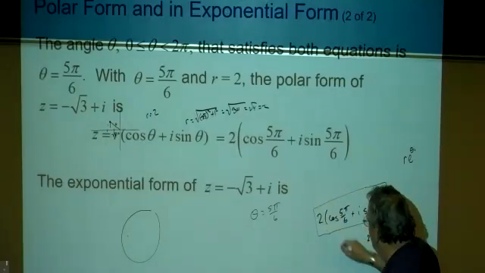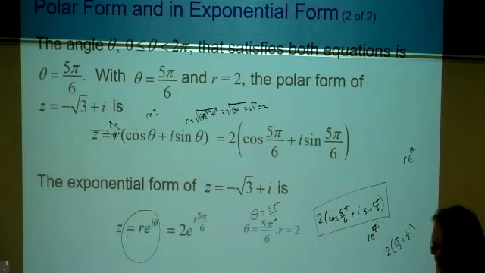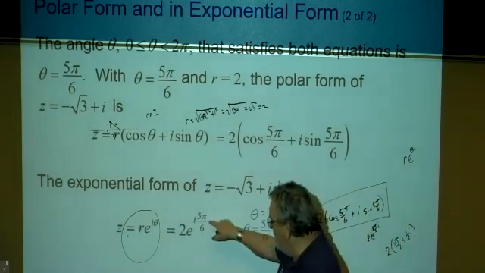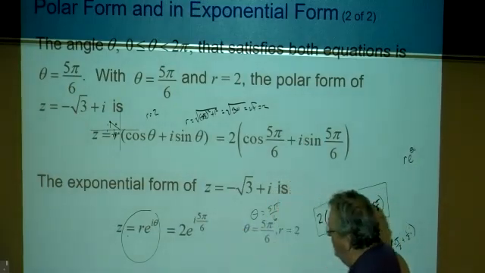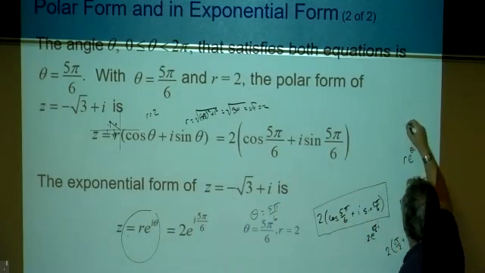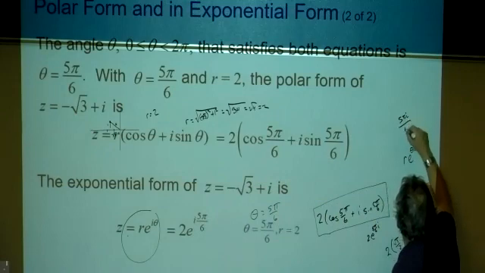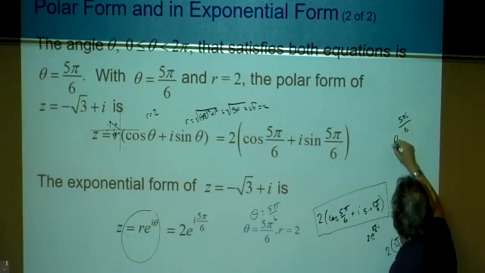So in polar form. And then in exponential form, I always write the I after the fraction rather than in front of the fraction, or I put it in the numerator. You could have written this as 5 pi I over 6 as the exponent.